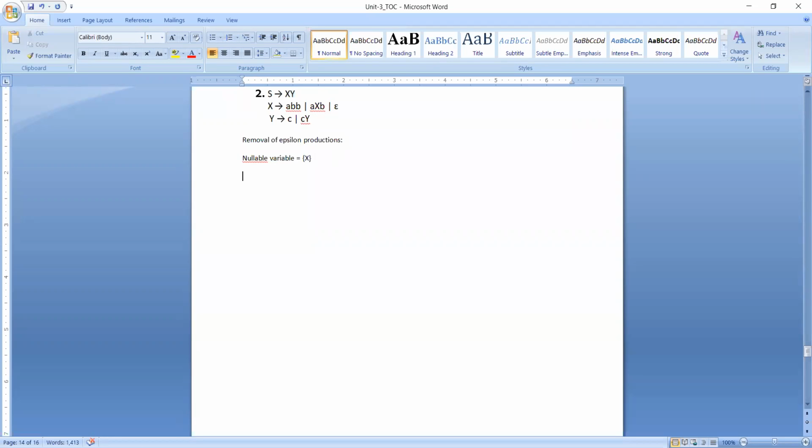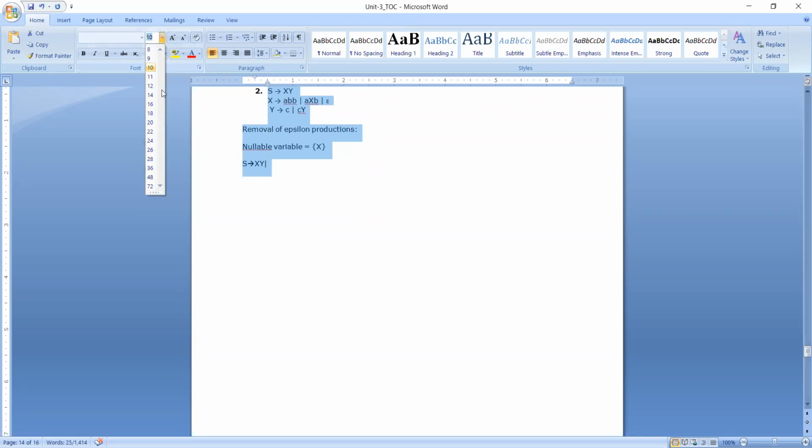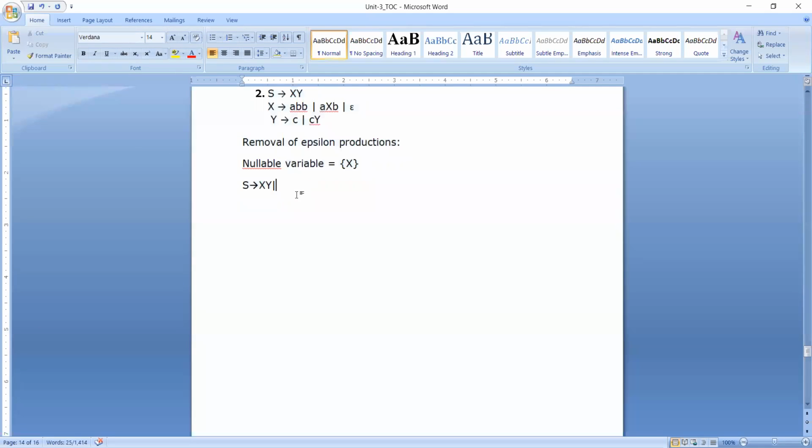Now we need to remove the nullable variable available in this production. What is this production? S derives to XY. As there is a production S derives to XY, we need to remove one or more occurrences.